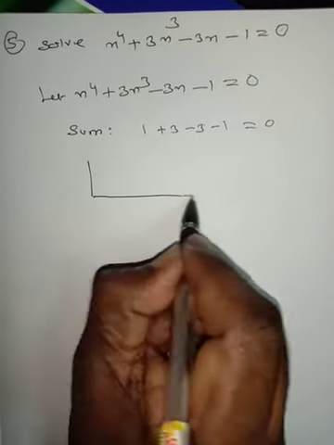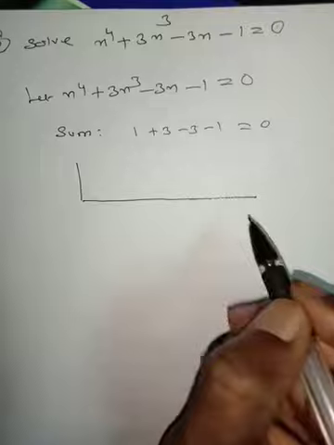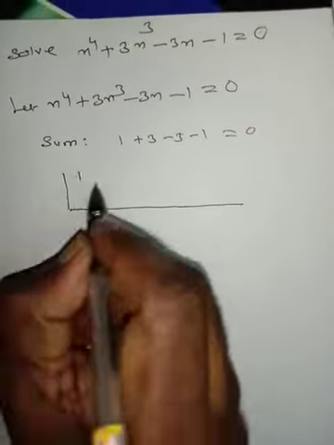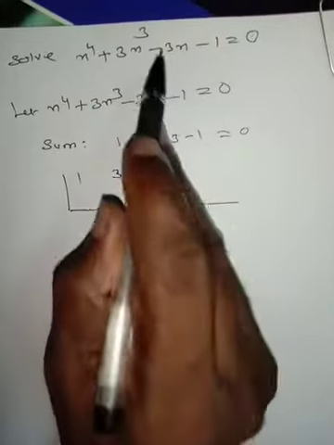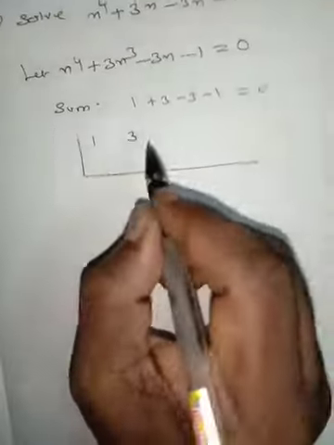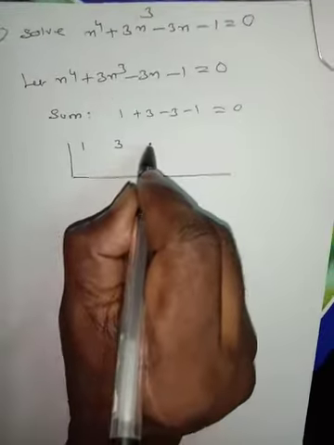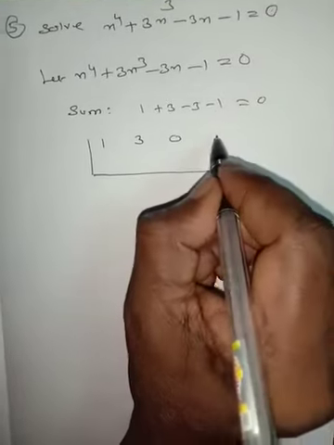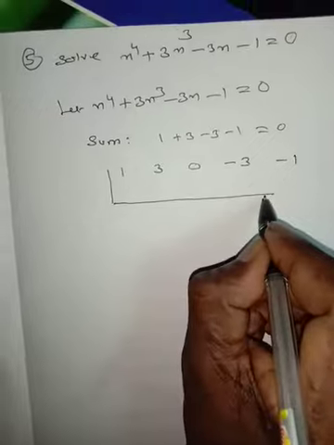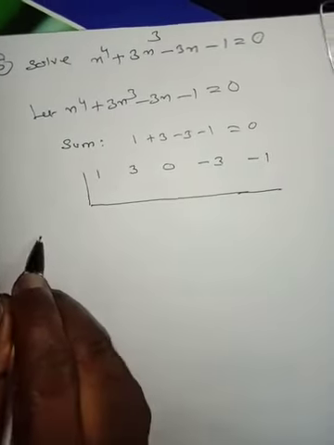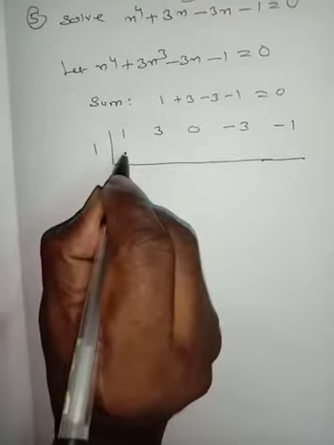Therefore, 1, 3, second degree equation is not given, therefore 0, minus 3, minus 1. Here, 1 is a root.